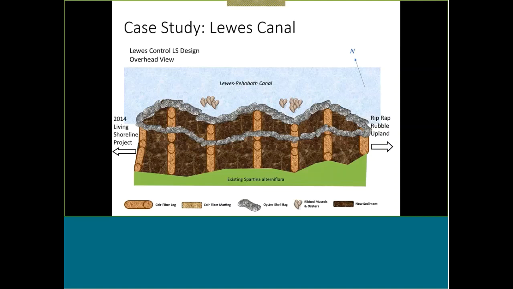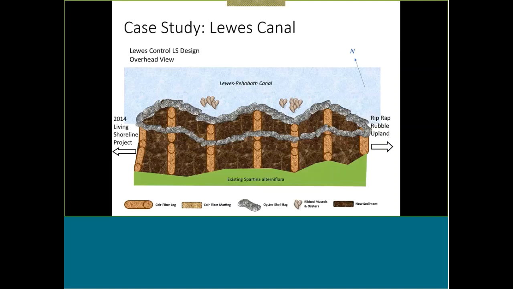We opted for oyster shell bags in this design because we know about the wake energy that can be in here. And as Chris mentioned, coir logs can break down over a series of years, and we want to make sure that this project is more sustainable. Also, by having the oyster shell bags, we're providing even more habitat for the oysters that are there to colonize and extend even further and maximize on that opportunity to secure the sediment and allow this to sustain.